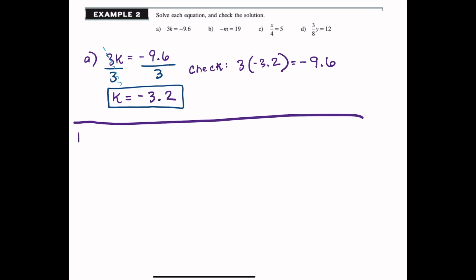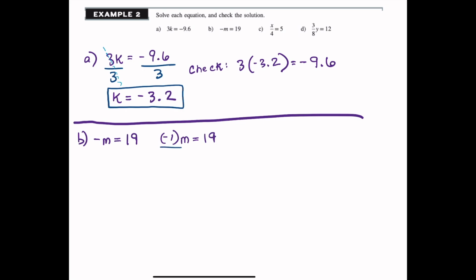So in example B, we have negative m equals 19. We want to, in the same way, move this negative over to the other side. Another way we can see this is the negative is like a negative 1 that's being multiplied by the m.